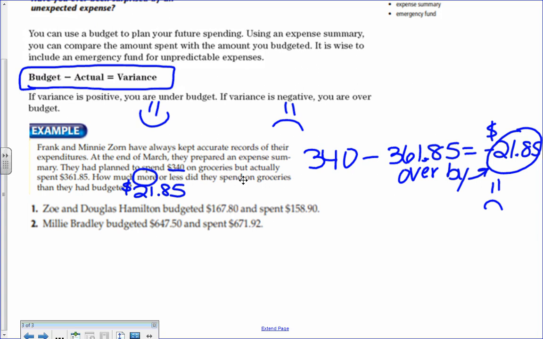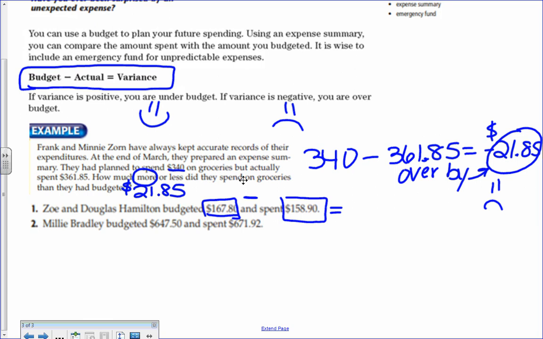All right, Zoe and Douglas, they budgeted $167.80, and they spent $158.90. If you guys are looking at showing work and want the quick way around, go ahead and put a circle or a box around those things and put a minus sign in between.